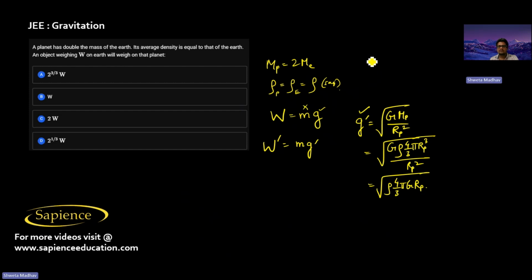Now we can say that g is equal to G into 4 by 3 pi rho into RE. So the radius is, double the mass, density is the same.